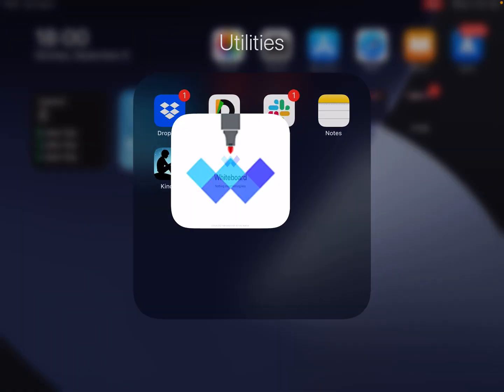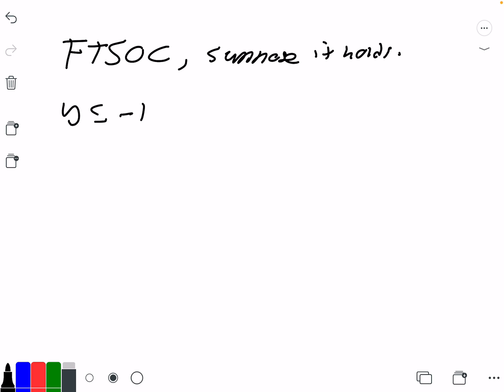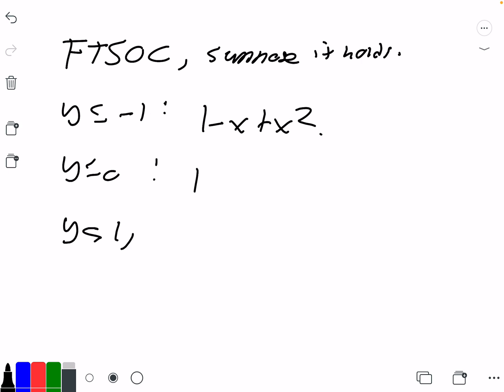Let's set y equals -1. We'll get the polynomial 1 minus x plus x squared. If we set y equals 0, we get the polynomial 1. And if we set y equals 1, we get 1 plus x squared.